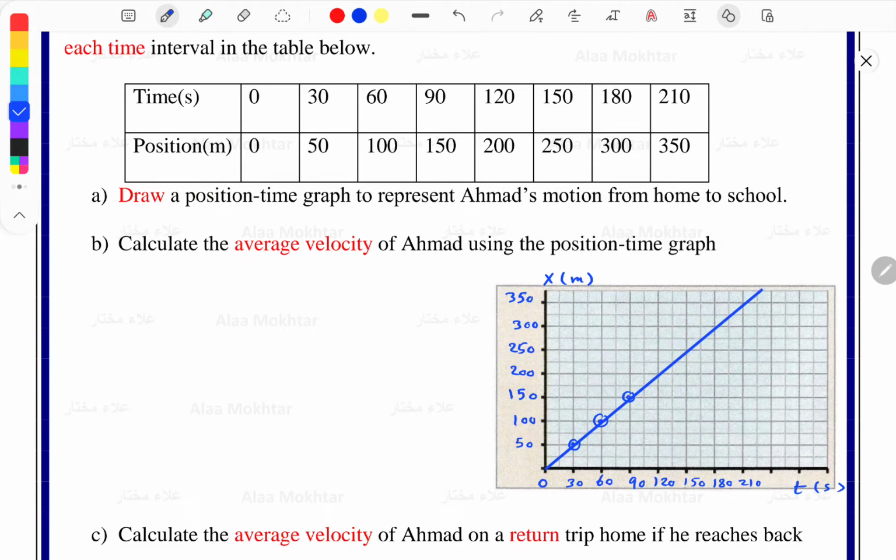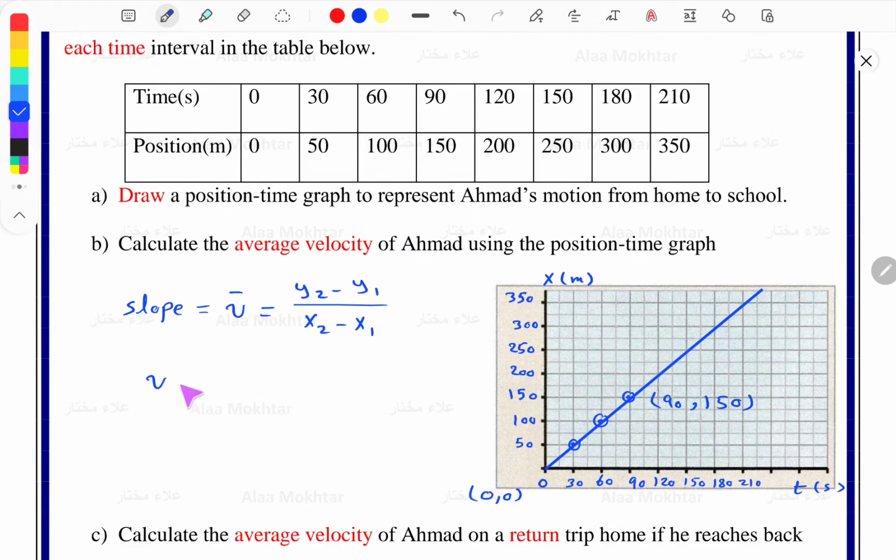Calculate the average velocity. It's easy. Average velocity equals the slope of this graph. Slope equals V average. It means y2 minus y1 divided by x2 minus x1. I can take any 2 points like this, 90 and 150, and this point 0, 0.